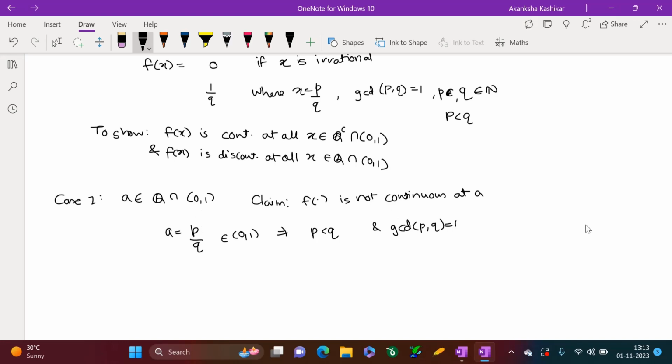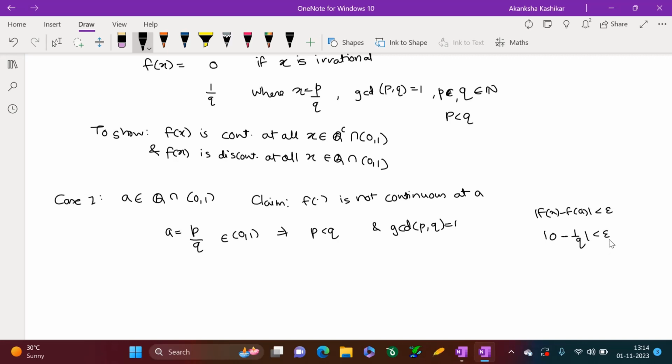See, when will this be a problem? What I want is |f(x) - f(a)| to be less than epsilon. For irrationals, what will happen? When I consider irrationals in the neighborhood of a, f(x) will always be 0 and f(a) will always be 1/q. Okay, so if I can make 1/q less than epsilon, then it is okay.